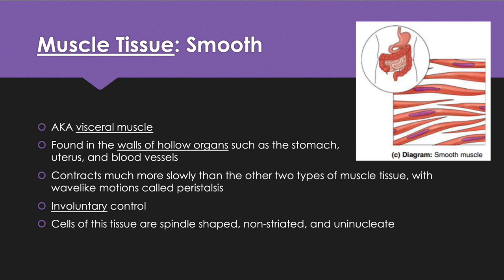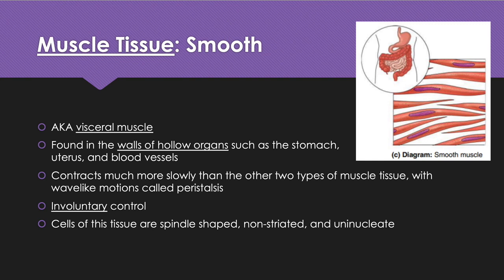Because there's smooth muscle in the walls of those organs, it allows them to contract. It is going to happen more slowly than the other types of muscle, but it happens in wave-like motions, and we call those motions peristalsis.